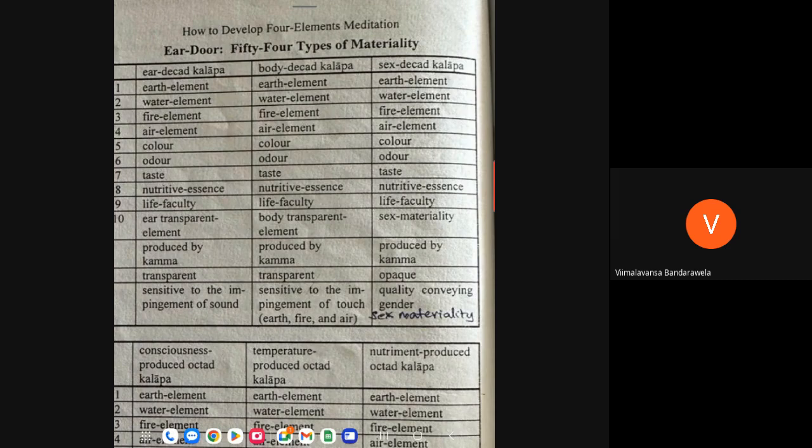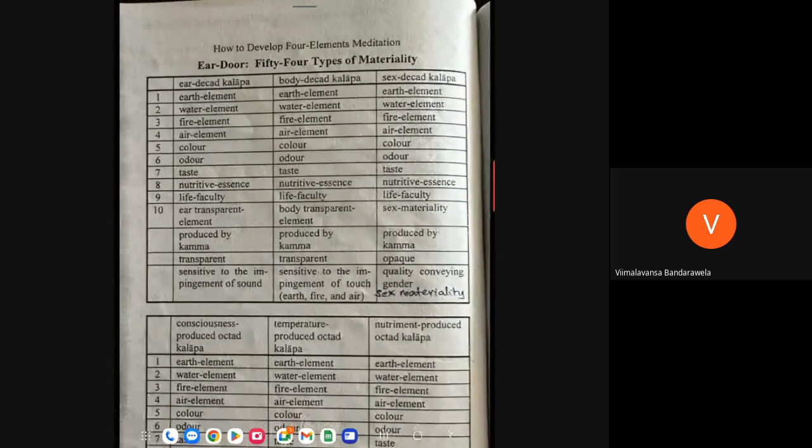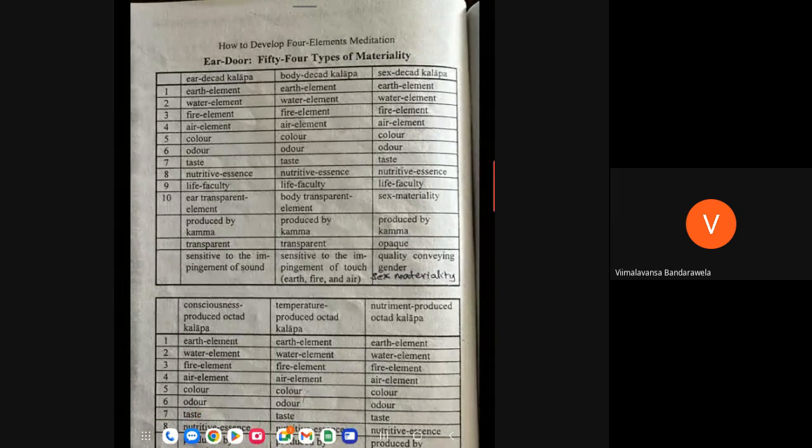Okay, now we go to another kalapa, the body decade kalapa, as I described in the eye door. Body decade kalapa has 10 types of materiality. And then you have sex decade kalapa, where the only difference is the sex materiality as the 10th factor.